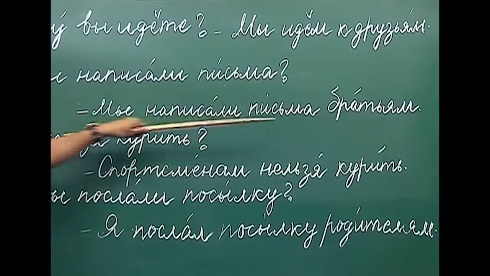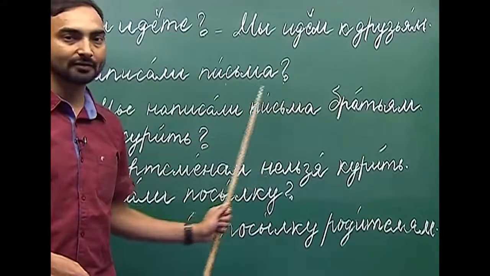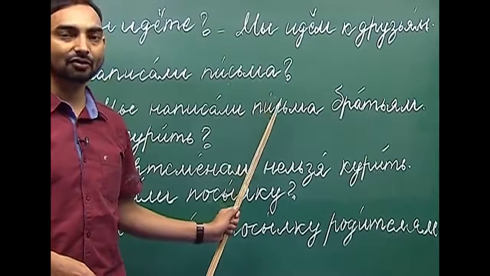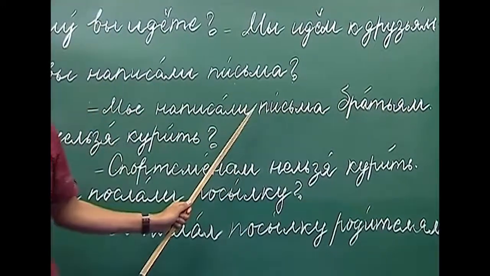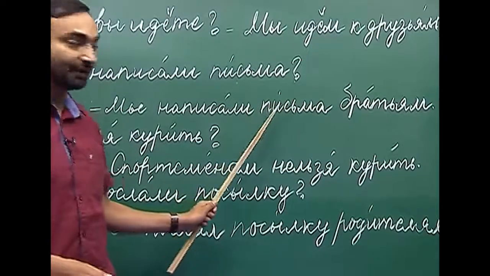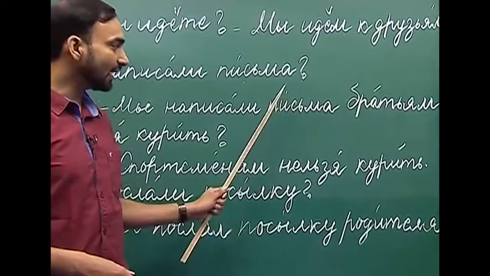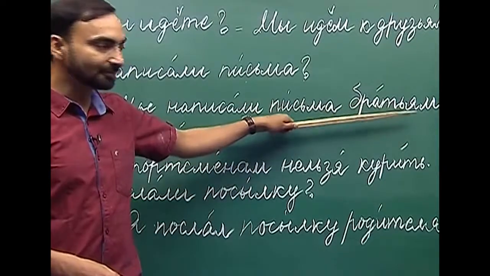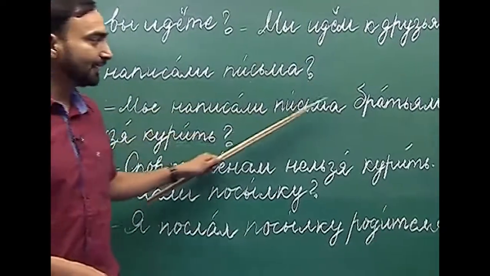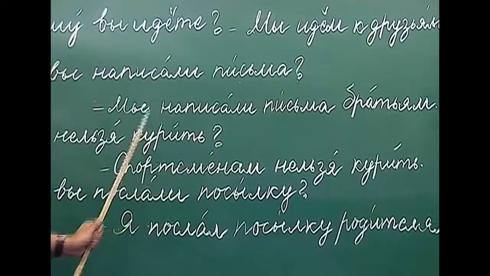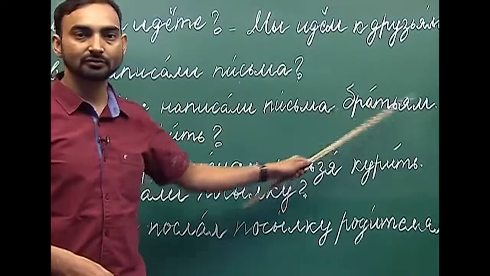Here, as you can see, there are two objects: pisma is the direct object and braciam is the indirect object. So, the direct object is denoted with the help of which case? Accusative case, and indirect objects in the dative case. So, mi napisali pisma braciam. We wrote the letter to brothers.